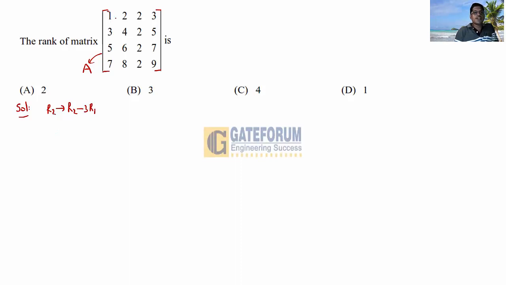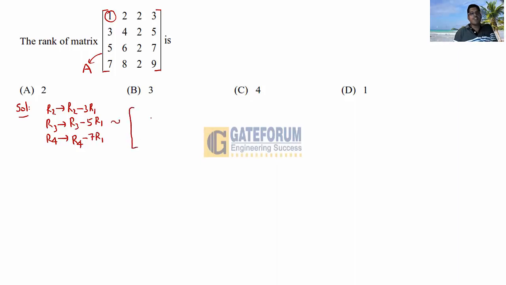So this is the first diagonal element. Make its down elements 0. That is R2, R3, R4 with the help of R1. The operations are given below. R3 changes to R3 minus 5R1. R4 changes to R4 minus 7R1.